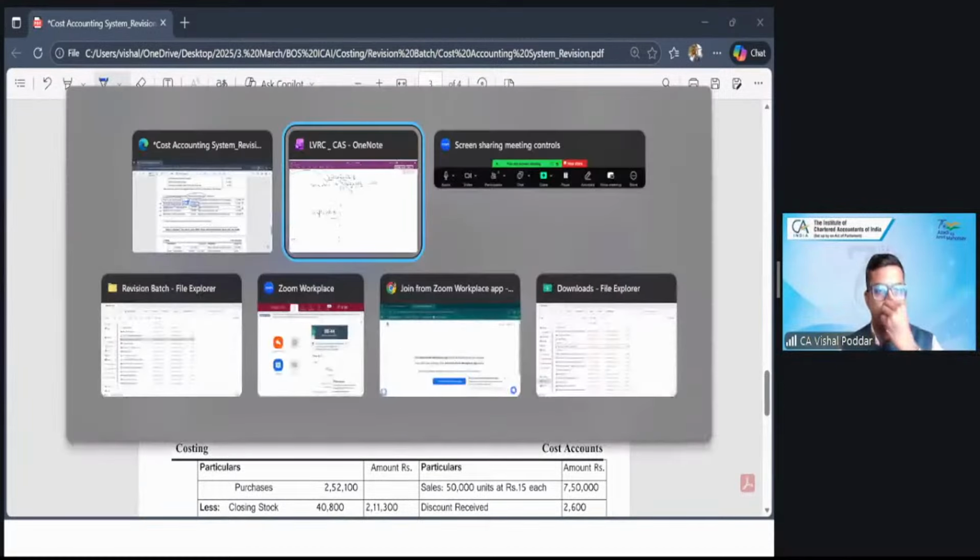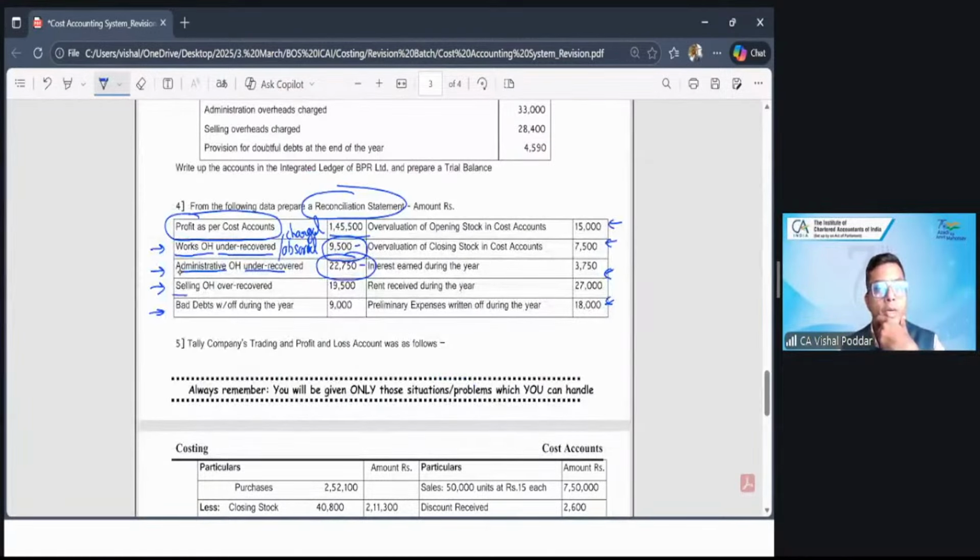Right? Now, selling overheads over recovered. Now we know what is to be done, but we'll again check for our understanding purpose. What does over recovered mean? That the expenses are higher in costing, lower in financial. So again, you can check it from any side. You know that the expenses are higher in costing books, less in financial books.